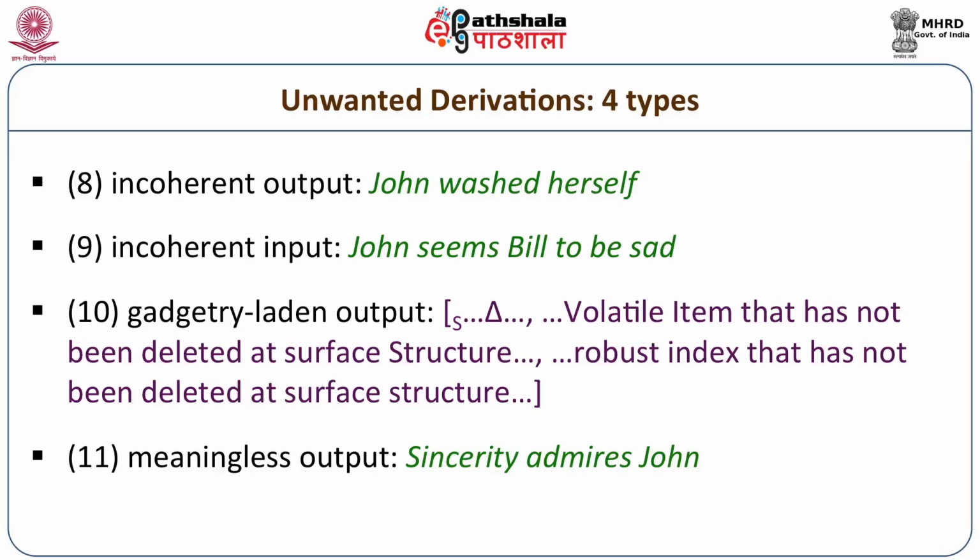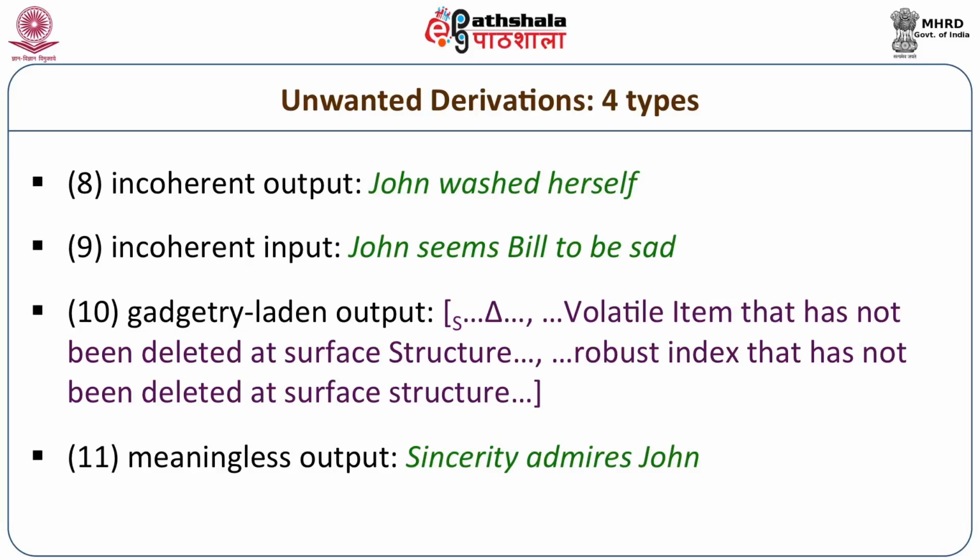In the case of John seems Bill to be sad, it is the opposite problem from too much gadgetry. It is too little gadgetry. The deep structure of John seems Bill to be sad should have been delta seems Bill to be sad, where delta is a gadget designed to hold the place of the upstairs subject blank so that the downstairs subject can move into the upstairs subject.